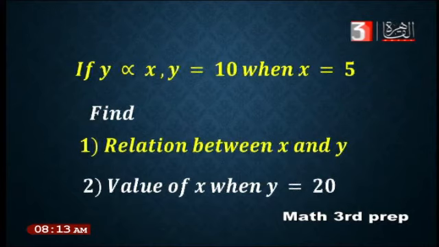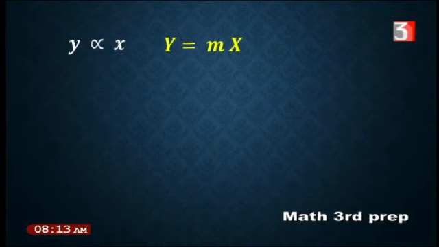So y varies with x, then y equals mx. In this case, by substituting the value of y, which is 10, and the value of x as 5, then instead of y we write 10 equals m times, instead of x we write 5. You have a multiplication relation, m times 5 equals 10.